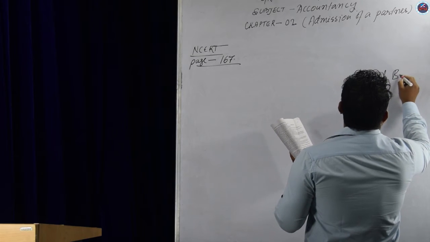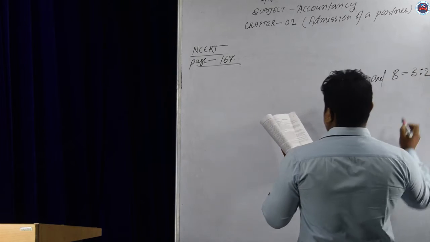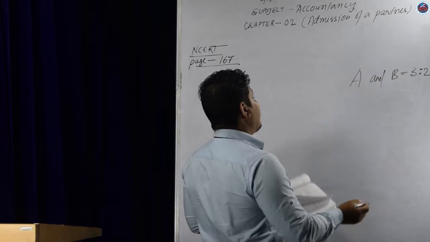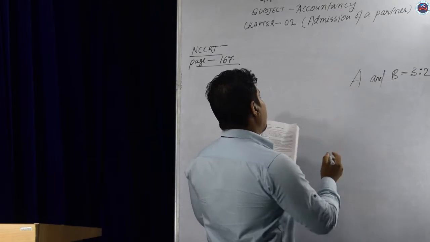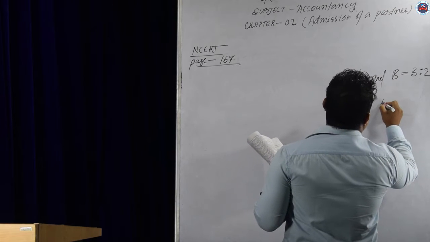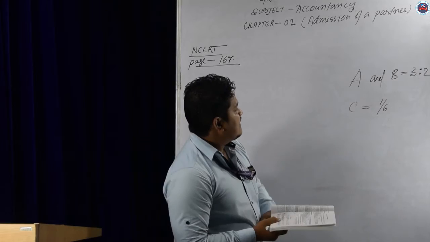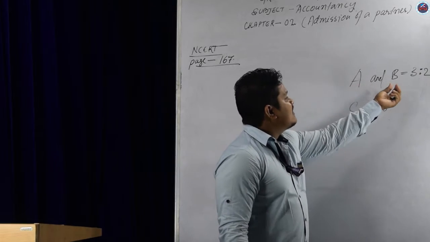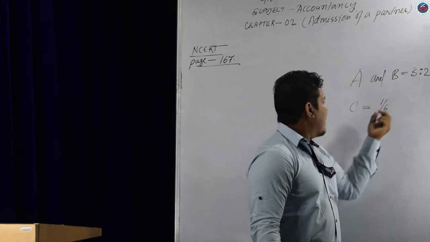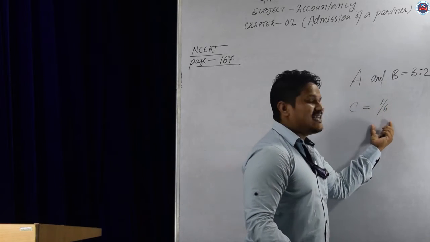They admitted a new partner C, and C's share is 1/6. Before the admission of C, their share was 3:2. Now C is admitted in the business and C will get 1/6.